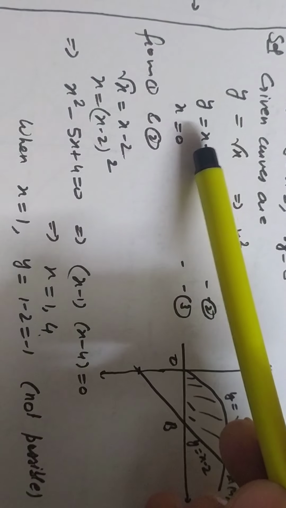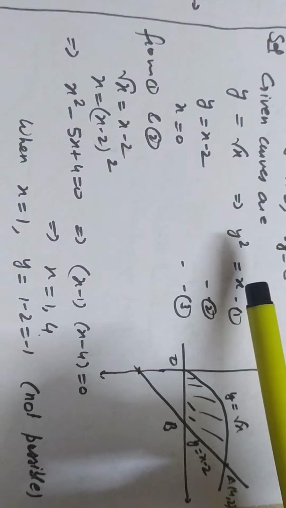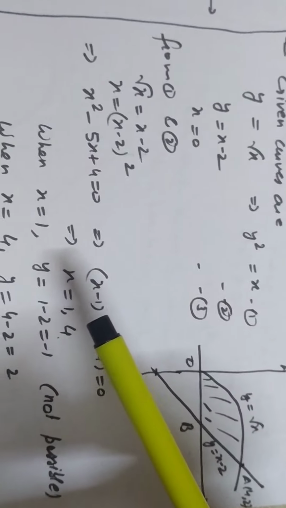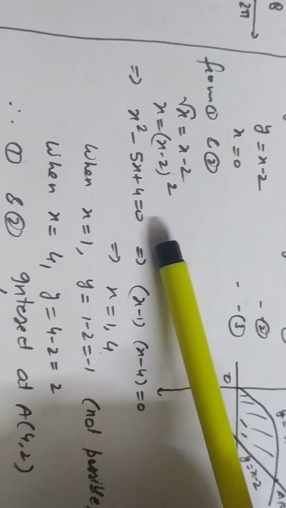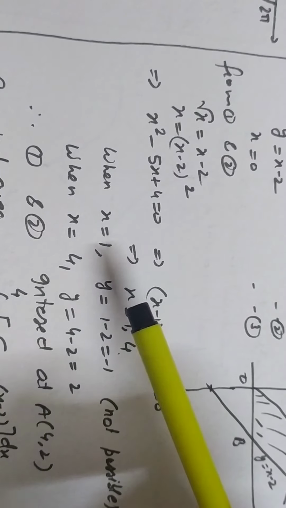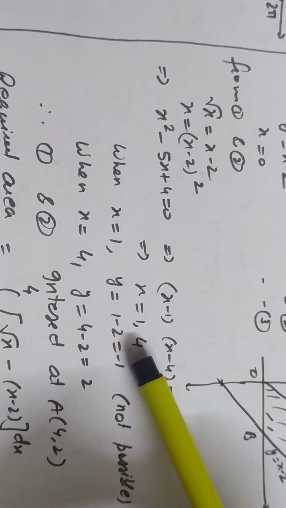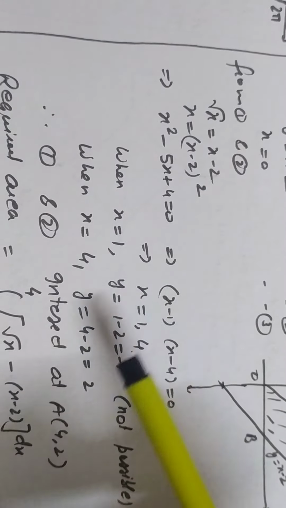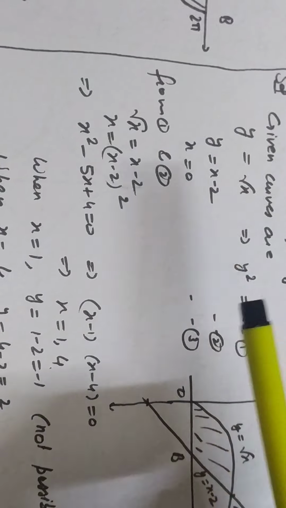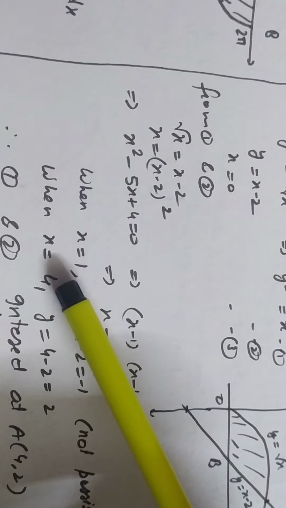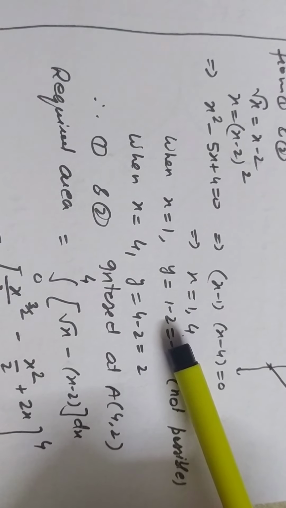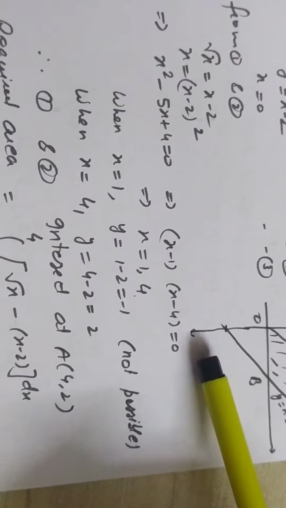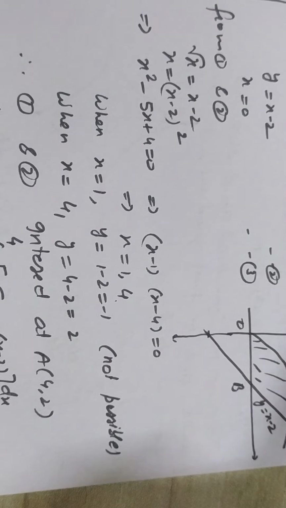You substitute the value of y equal to x minus 2 here, and then obtain the equation x square minus 5x plus 4 equal to 0. So here the values of x are 1 and 4, and when x is 1, y will be minus 1 from here, and when x is equal to 4, y will be 2. So these are two intersection points, somewhere here and here.